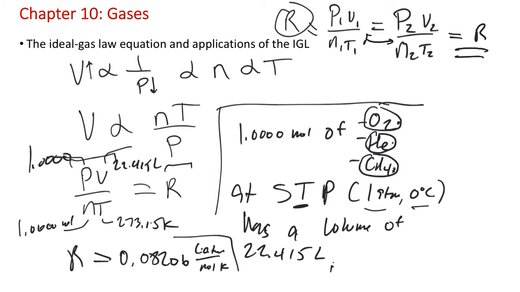Now, we could have one of these variables remain constant. Let's say we're changing the pressure and the volume and the quantity of a gas, but keeping the temperature constant. If the temperature is constant, temperature cancels. If we keep the volume constant, then the volume cancels.